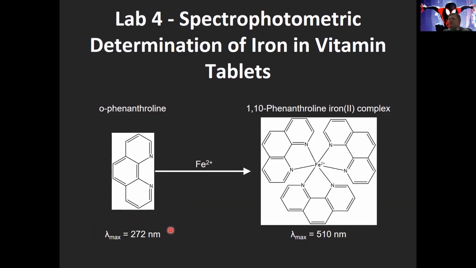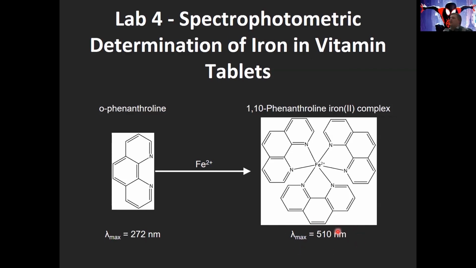272 nanometers. But when you complex it with the iron 2+ here, those 2 nitrogen electrons get donated to iron, then that affects the conjugation of all of these rings, and it actually lowers the absorbance frequency, or increases the absorbance wavelength here.